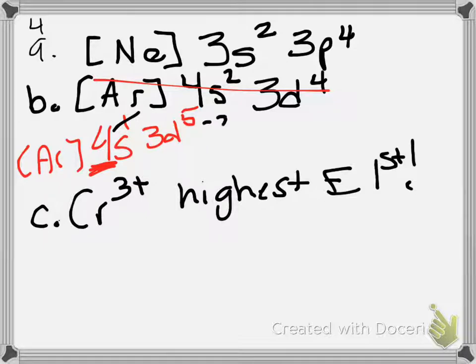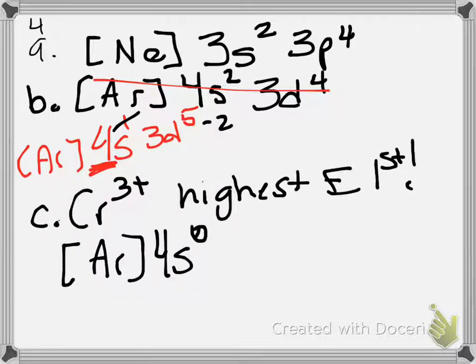And then I have to kick out 2 also from the 3d level. So I'm just going to write the 4s but with 0 electrons in it. 3d loses 2 because I have a total of 3 electrons to lose. So 5 minus 2 is 3. So this ion is argon core, no electrons in the s shell, and only 3 in the d shell.